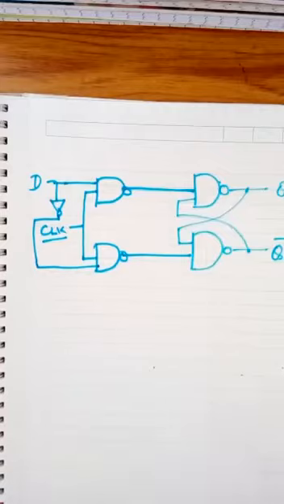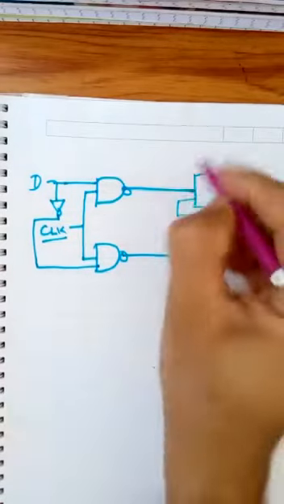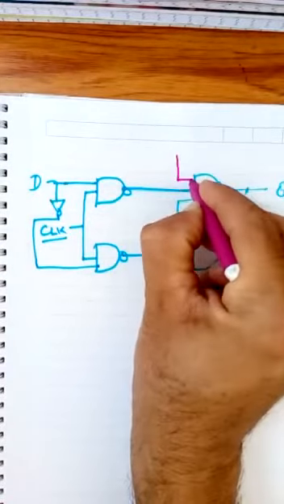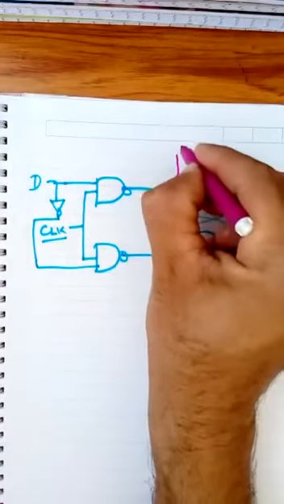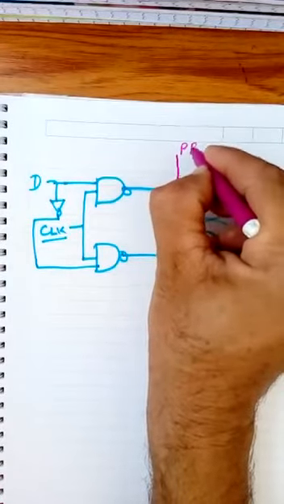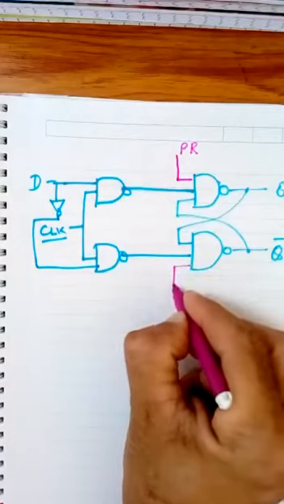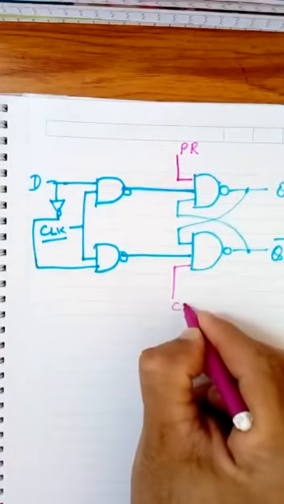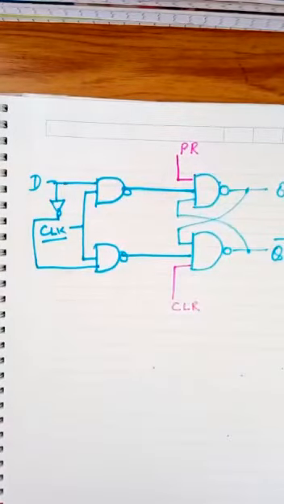Now the additional pins are connected in such a way that this pin is to be used as preset, and this pin is to be connected as clear, CLR. So this forms a complete circuit diagram of the flip-flop with preset and clear pins.